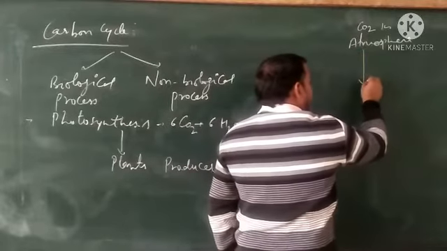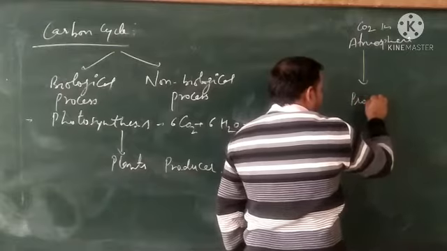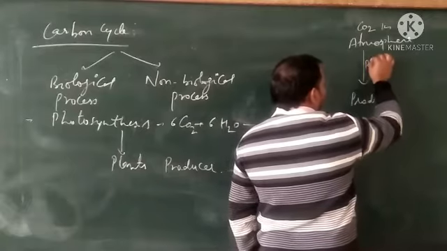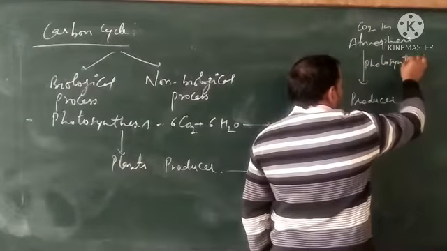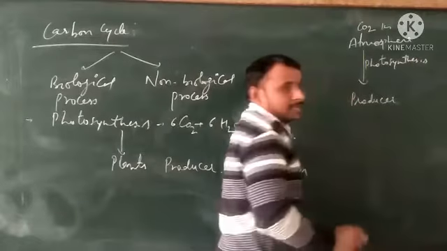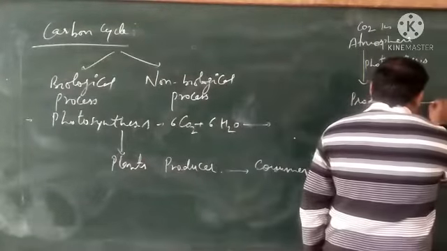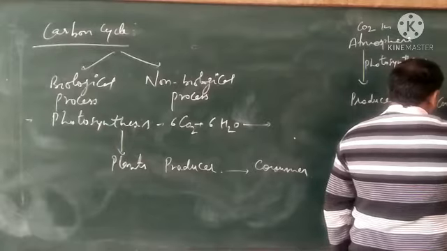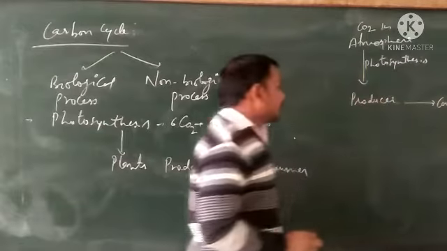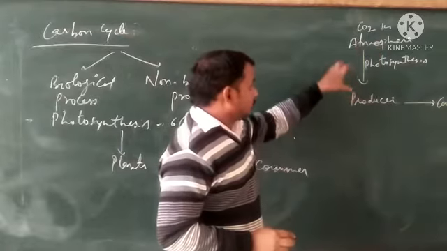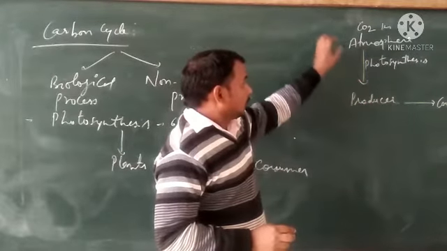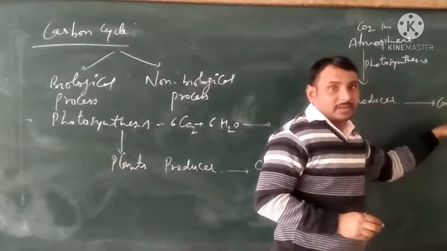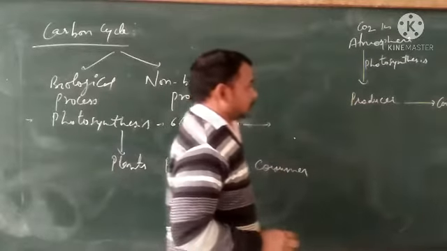This CO2 is absorbed by producers by the process of photosynthesis, and the CO2 absorbed by producers is now transferred to the next level, which is consumers in the food chain.